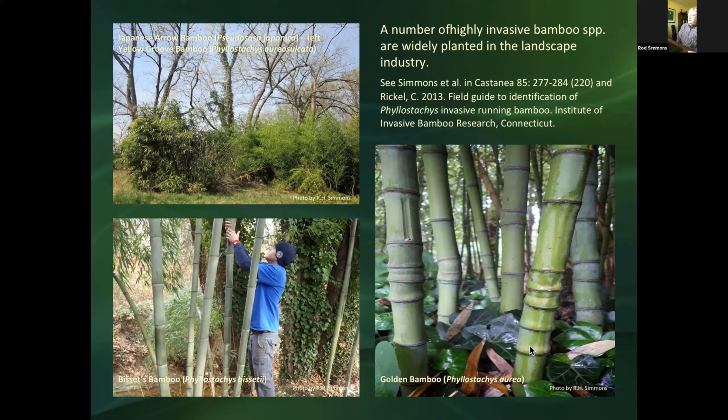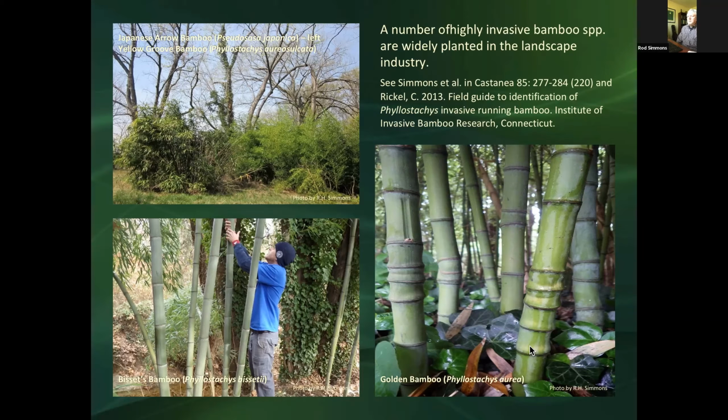And in that article that I sent out to the participants in this presentation, there's a discussion on these plants, on what the common bamboos are in Virginia, in the South, mid-Atlantic region, really. So that's a good source for those who want to know more about the bamboos, but these are all invasive. None of them should be planted.